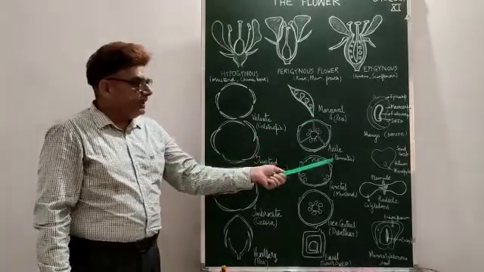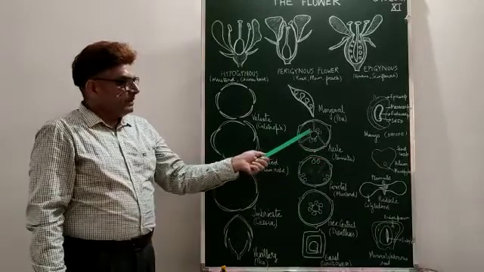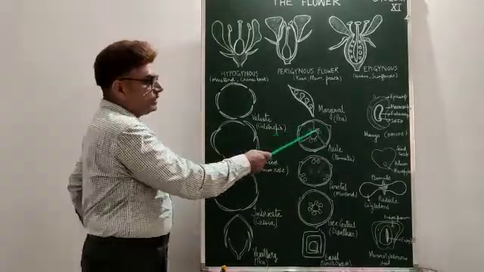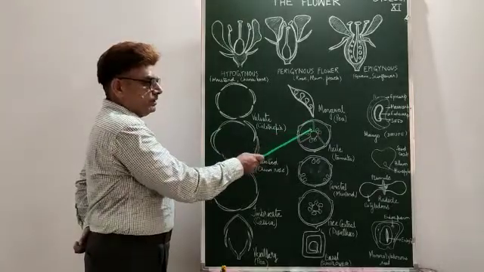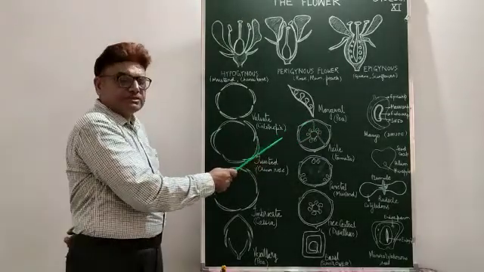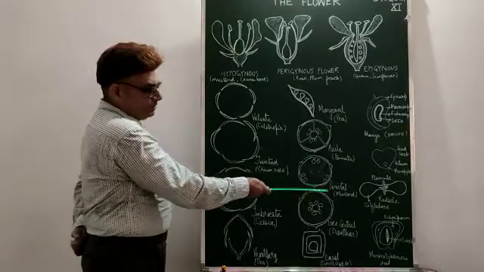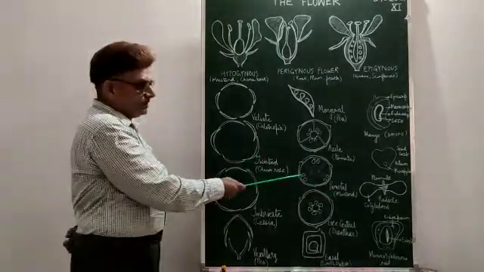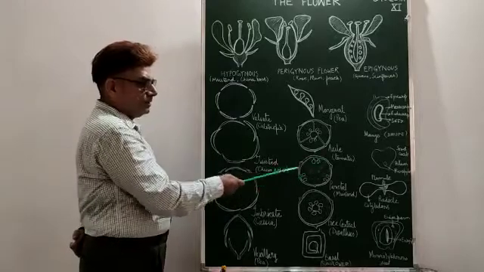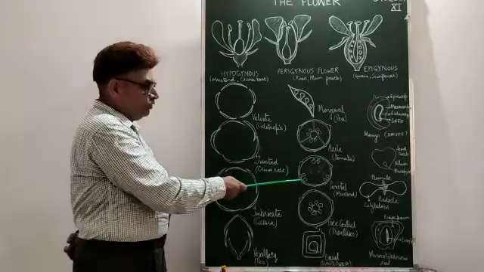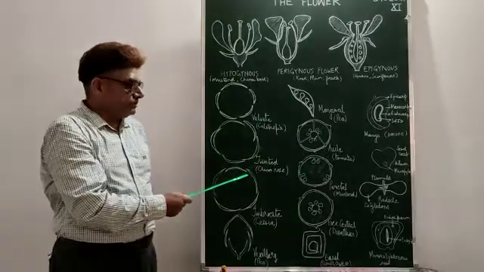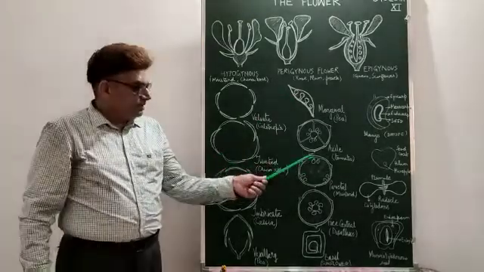But in the case of tomato, the placenta is axial and the ovules are borne on it. The ovary is also divided into chambers. In the case of mustard, the parietal type of placentation, the placenta is at the periphery and ovules are also attached on the outer walls at the peripheral part.